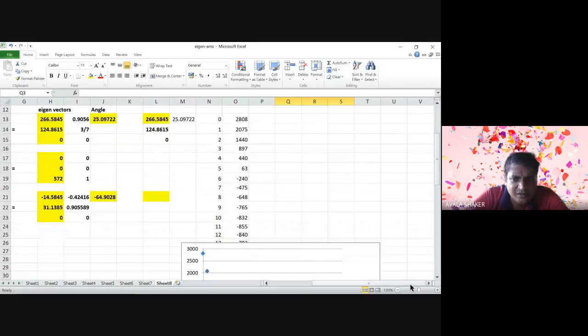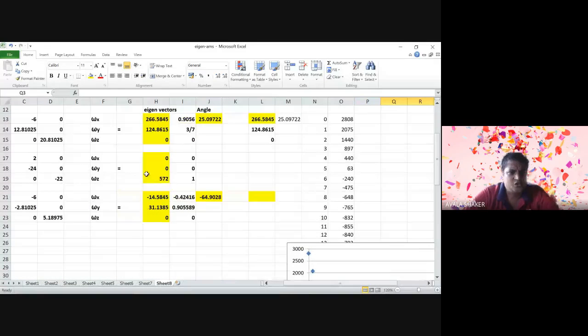So it is rotating in the xy plane with omega perpendicular to the plane. That's why there is no x and y component, and we have only omega z. So this is one axis. The other axis is at 25, and we have another axis perpendicular to this at minus 65.